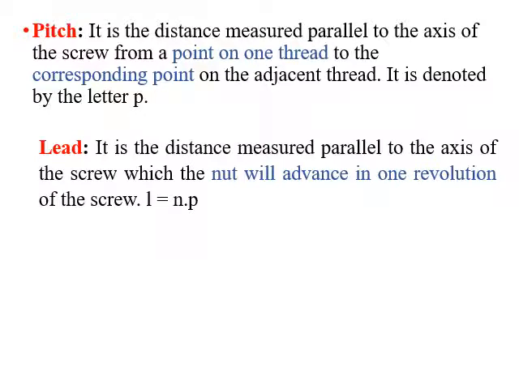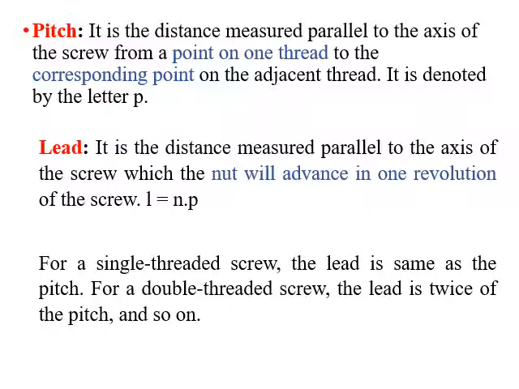What is lead? It is the distance measured parallel to the axis of the screw which the nut will advance in one revolution. So for one revolution, we calculate how much the nut will move. That is L equal to N into P. For a single threaded screw, lead is the same as the pitch, that is N equal to 1.